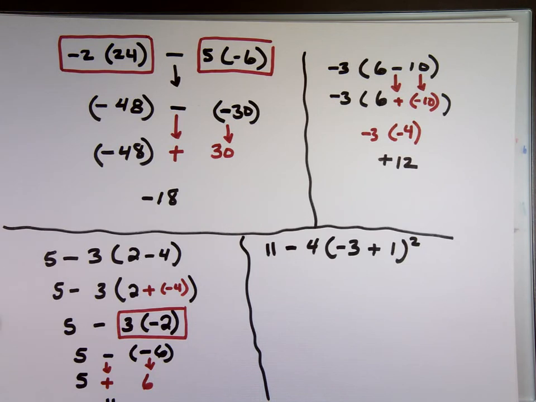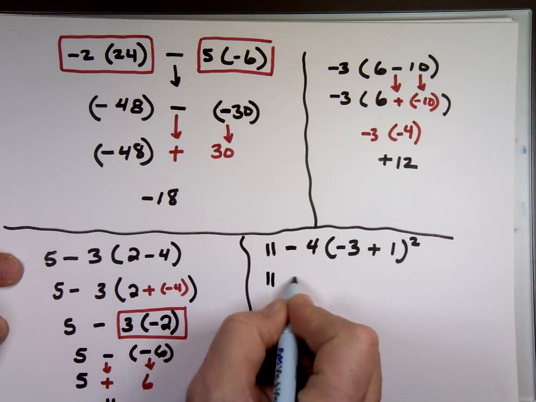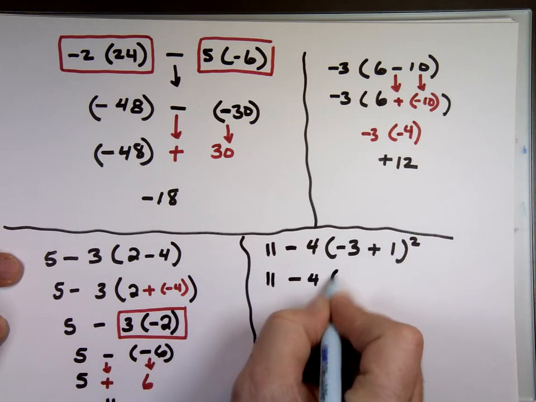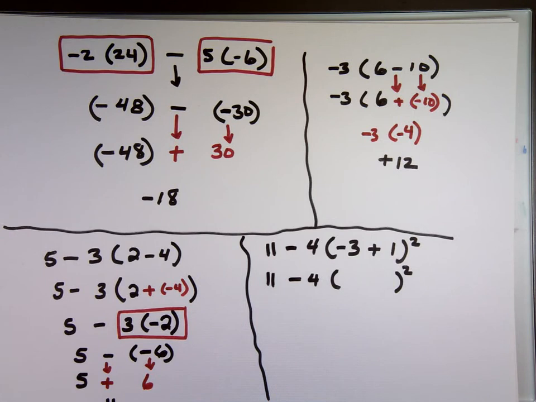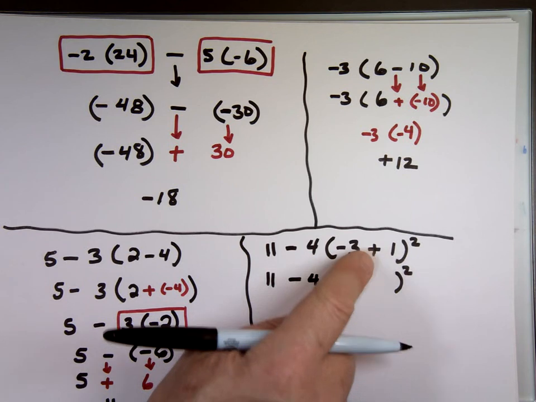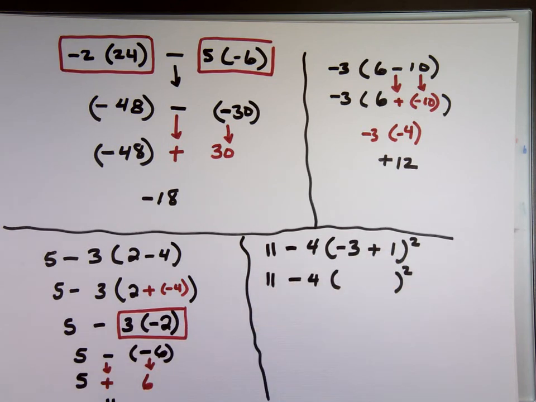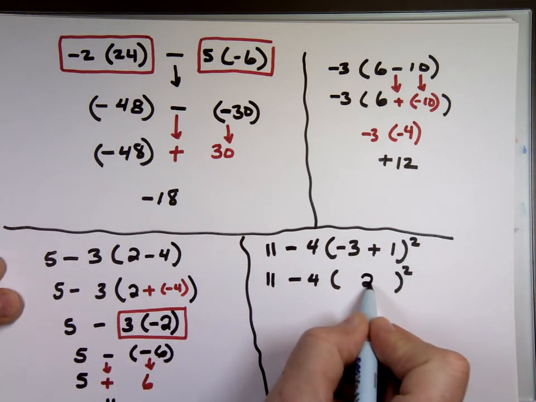That's 11 minus 4. I got to do what's inside the parentheses first. There's the 2 still sitting there. What's inside the parentheses? Negative 3 plus 1. Subtract the absolute values. 2, and what's the sign? Negative.